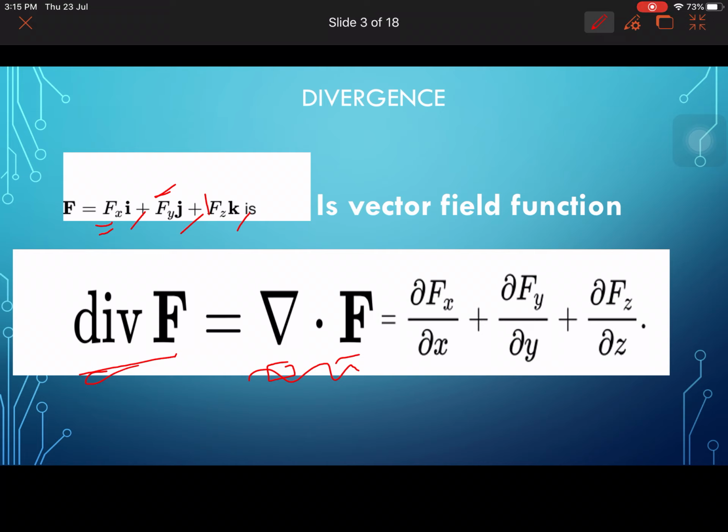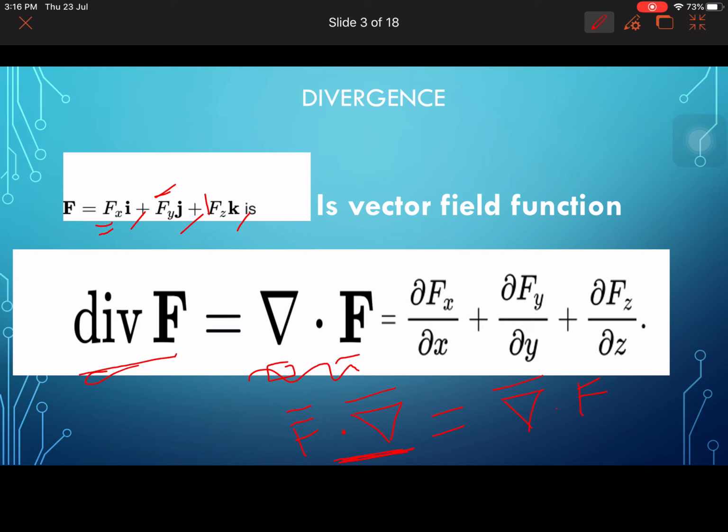We generally don't write f bar dot del bar. Of course, mathematically both are the same, but the physical meaning, even the mathematical meaning, of that form does not give you the proper idea of what del dot f is, because del is just an operator.